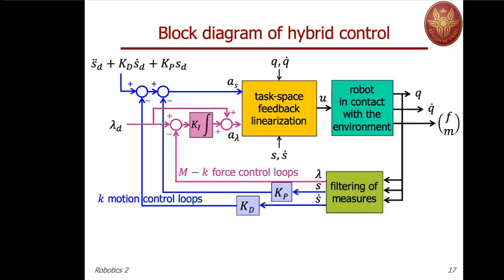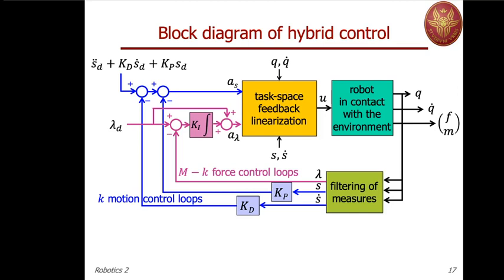So what you do is you apply the task space feedback linearization that we have seen before. This is the first step of our control law, of our hybrid control design. So now, between the new inputs A_S and A_lambda in front of the yellow box and the outputs S and lambda out of the light green or olive green block, we will have linearization and decoupling.